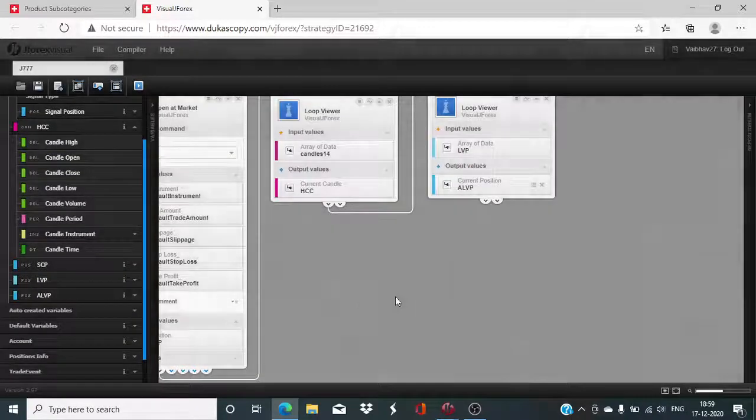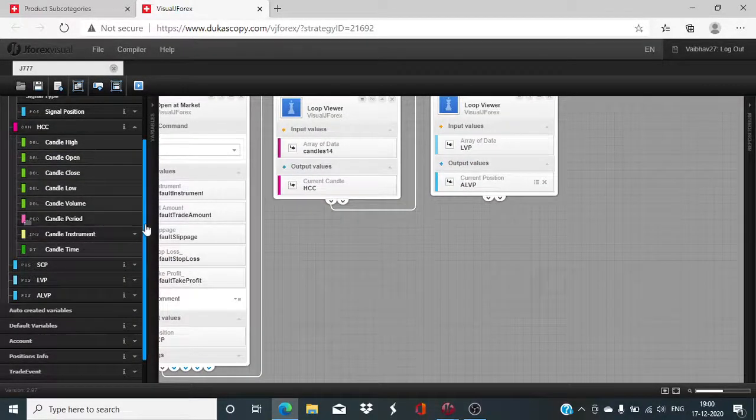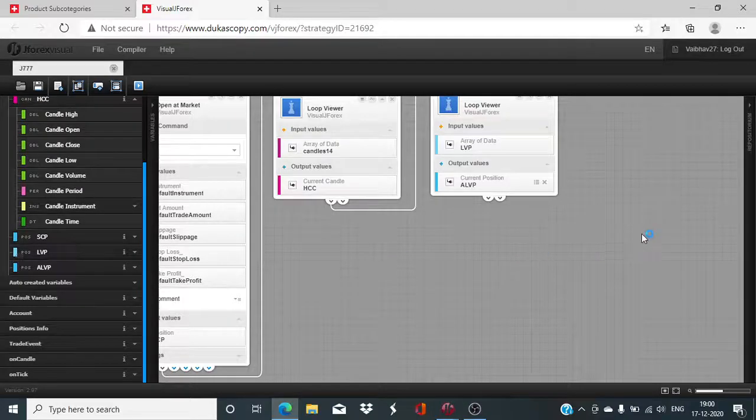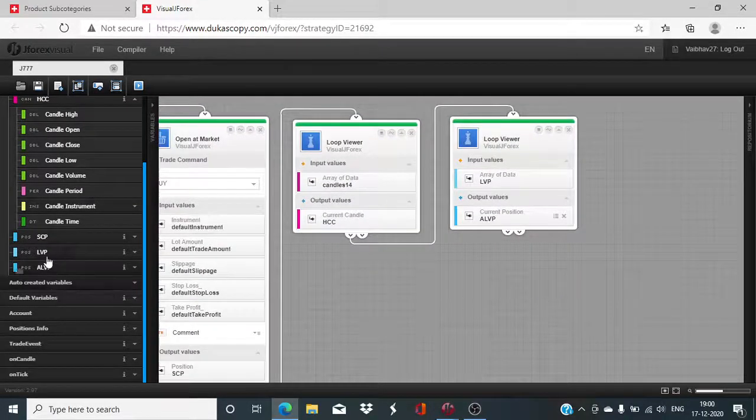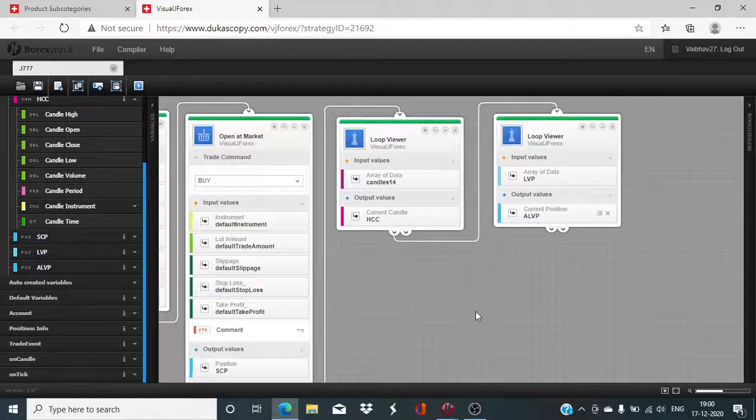Okay. Now I have done it for example only, but my whole point is that when we use the loop viewer, we can go into the individual components.